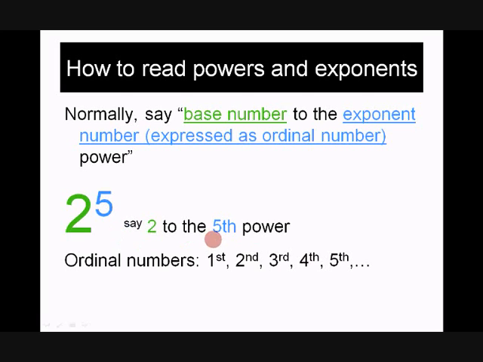Which one is the ordinal? This is the ordinal number. Which order is it? 5th order. So it's called the ordinal number. So we say base 2 to the 5th power. This is how we say this one.